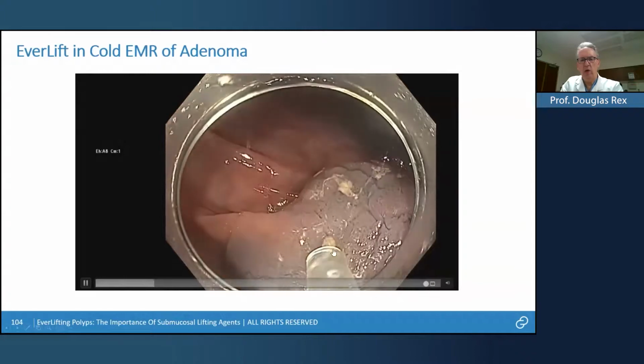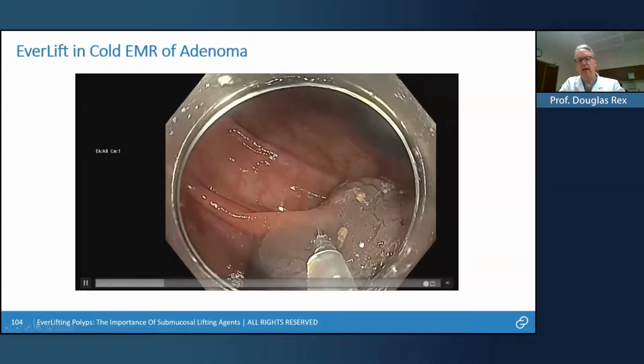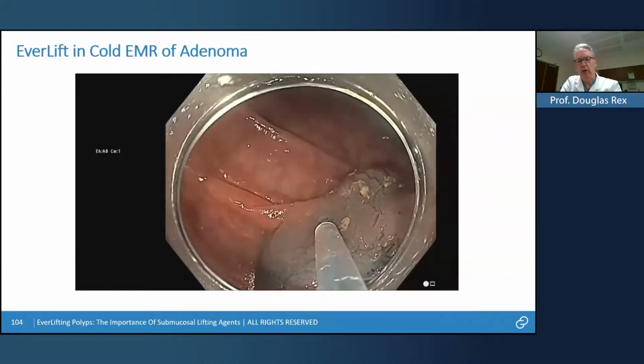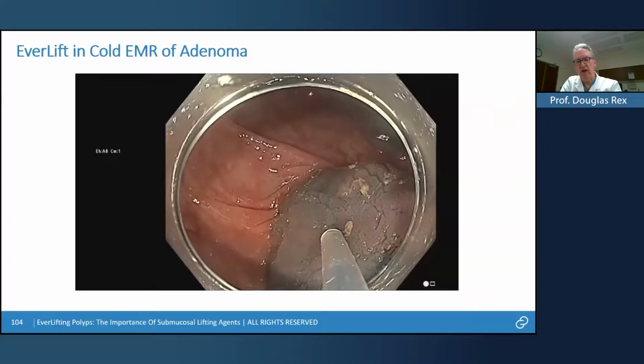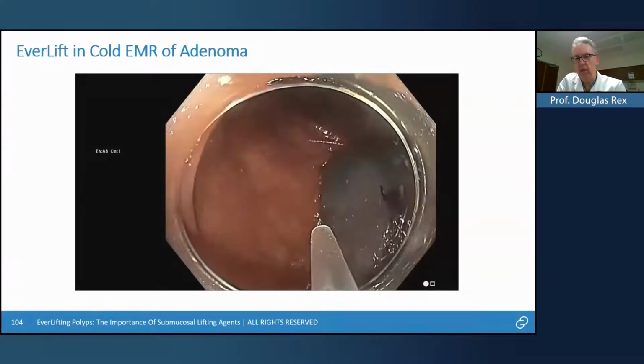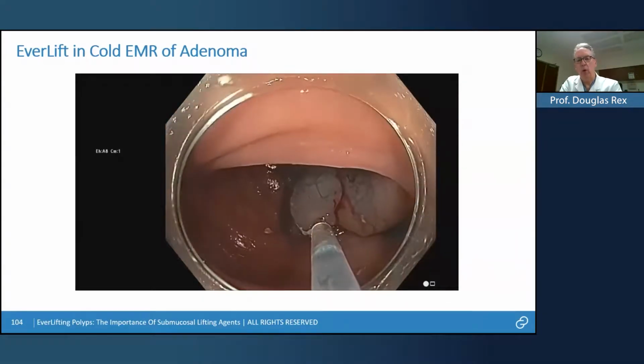You can see here we're getting a nice, fairly concentrated mound of submucosal injection fluid. It's nice and thick. Then, using a dedicated cold snare, we're going to remove this from one side to the other cold.